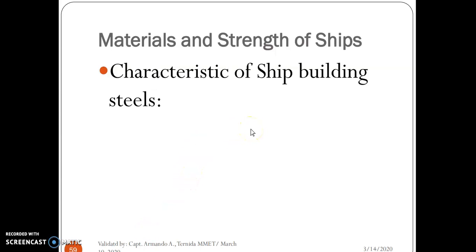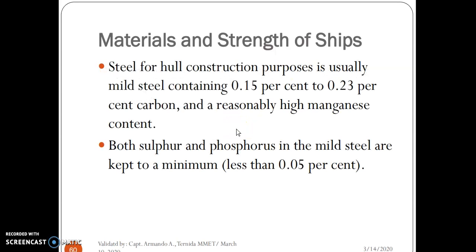The subject matter for today is the characteristics of shipbuilding steels. First, steel for hull construction purposes is usually mild steel, containing 0.15% to 0.23% carbon, and a reasonably high manganese content.